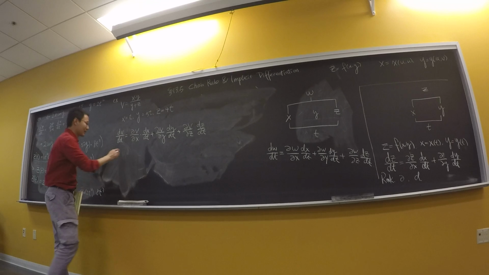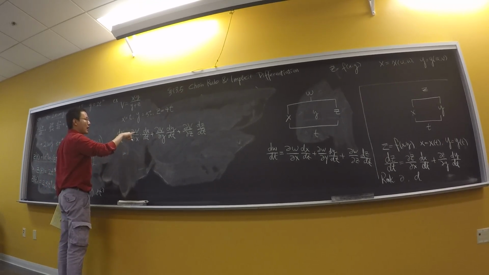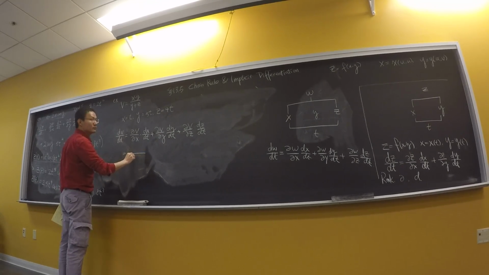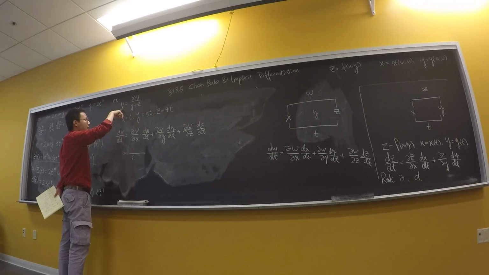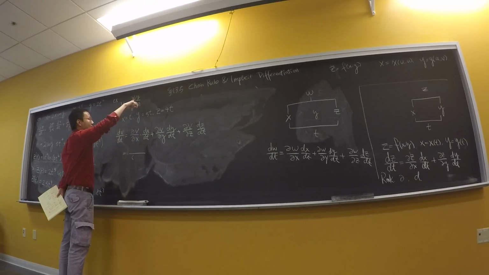Next, let's do some actual computation. Partial v, partial x. That would just be negative y over y plus z, right? When I'm computing the partial derivative of v with respect to x, y and z are both constant.